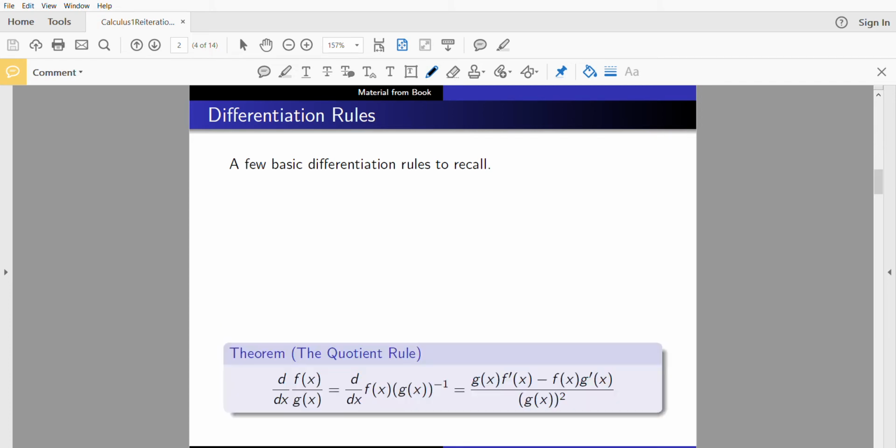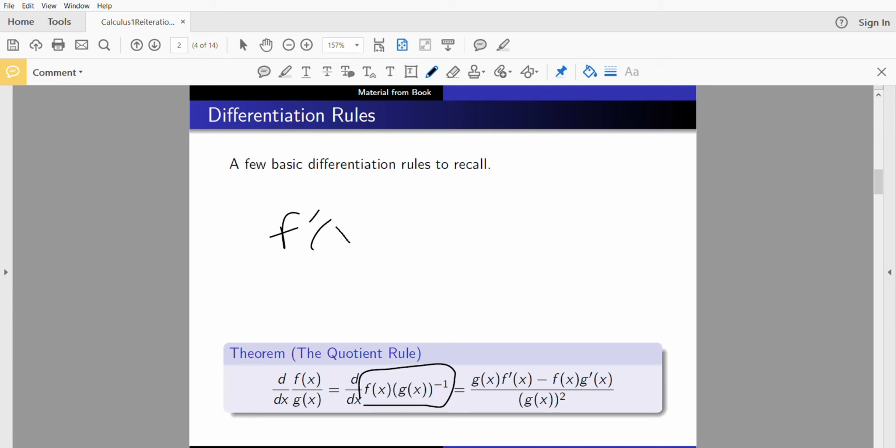And then the last one, the quotient rule. I personally don't ever use the quotient rule. What I will do is I'll rewrite that quotient as f times g of x to the minus 1. And that's an exponent, that's the power of it. And so what I end up getting here is a product rule.